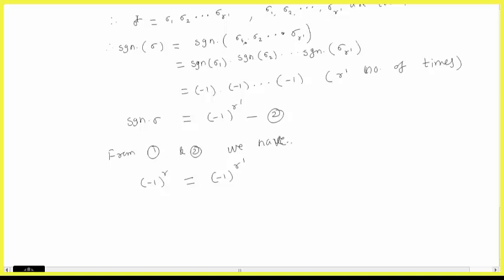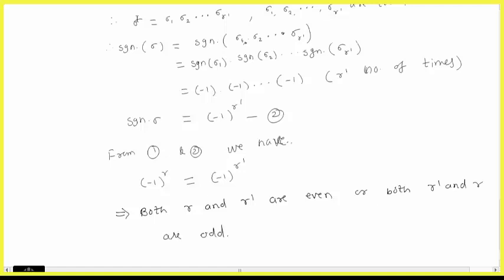So this implies that if r is even, then r dash must be even. If r dash is odd, then r must be odd. This implies that both r and r dash are even, or both r dash and r are odd.